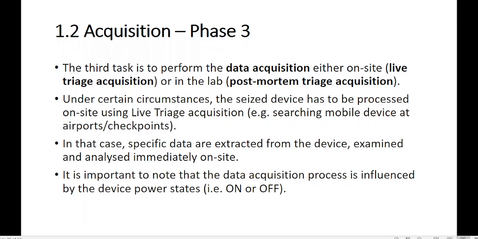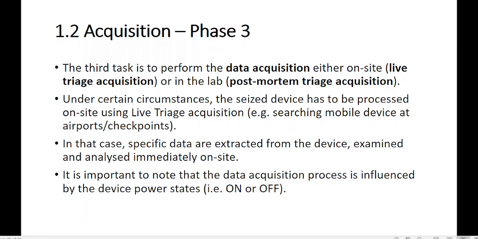Anyway, there's a point that I mentioned that it's important to note that the data acquisition process is influenced by the device power state. If it is on, you perform what? Live triage acquisition, mostly. But if it's off, now you have to do some kind of post-mortem triage acquisition. I'm not saying that you can always do this.